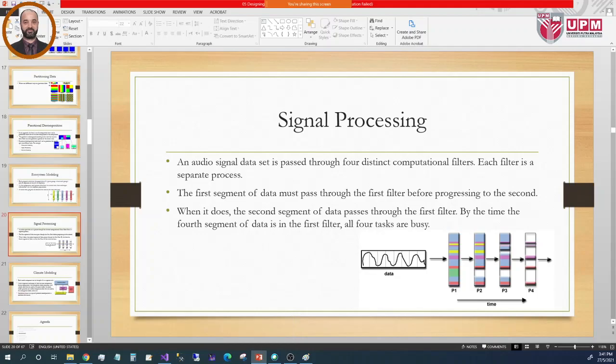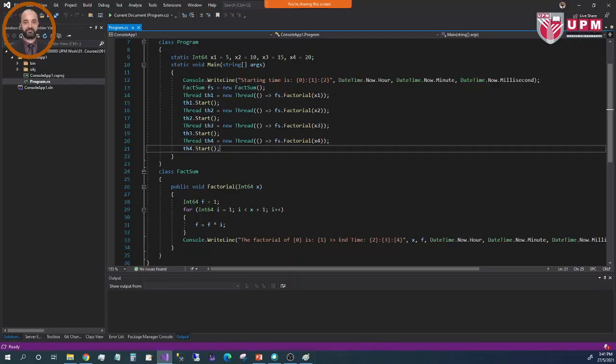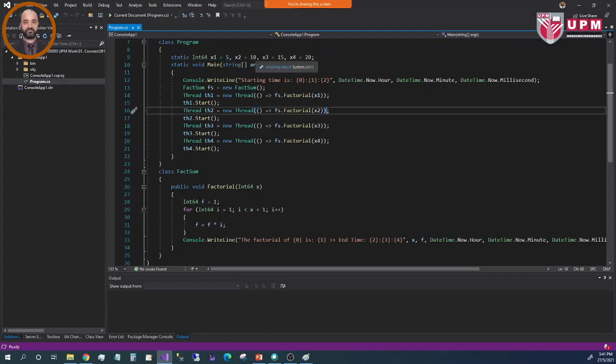Actually, we have taken an example last time, based on domain. Yes, this one, the factorial, is based on domain, because here the first thread calculates for the domain of 5 to 1, right? The second thread calculates the factorial for the domain from 10 to 1. The third calculates from 15 to 1.